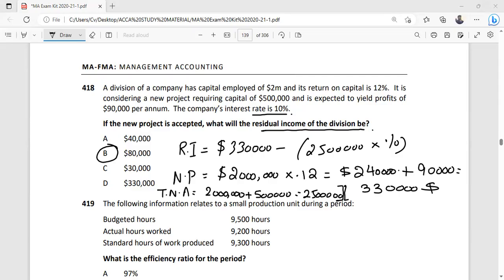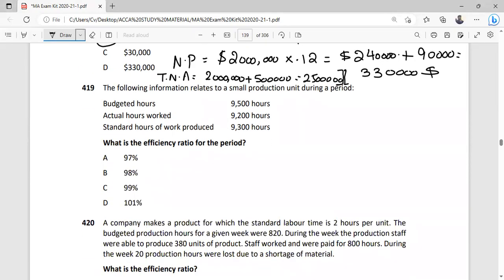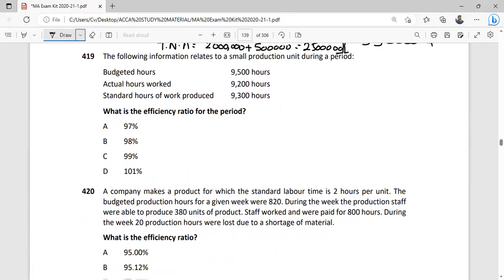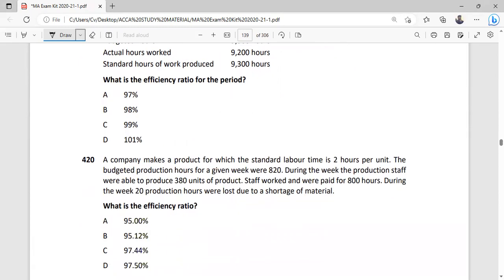Okay. Then we have efficiency ratio. We have already determined the efficiency ratio. Suppose you are unsuccessful in determining the answer to this question, then I will suggest you leave it.